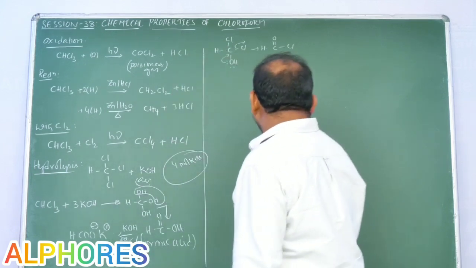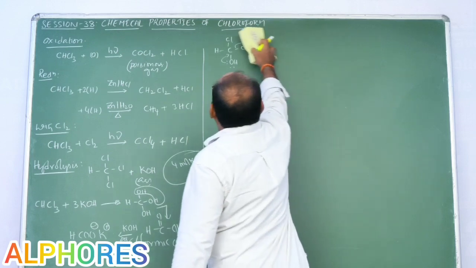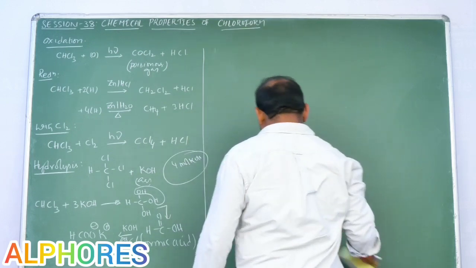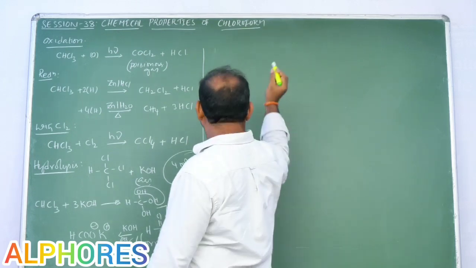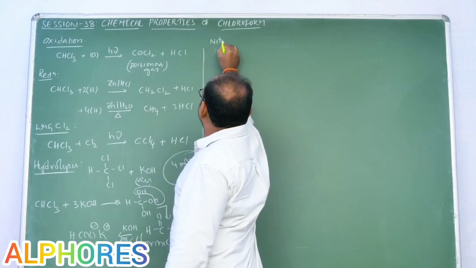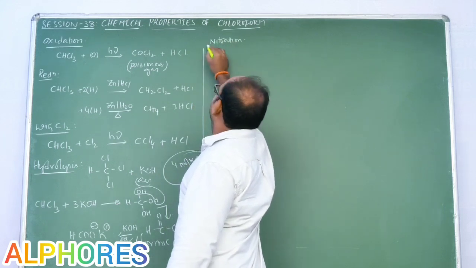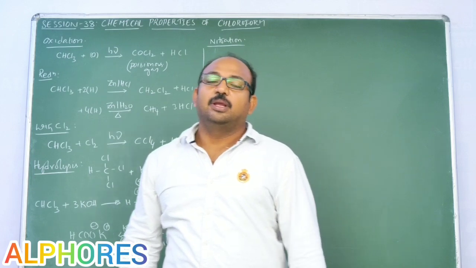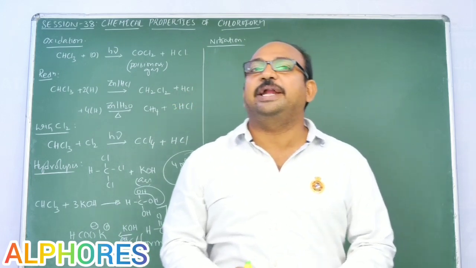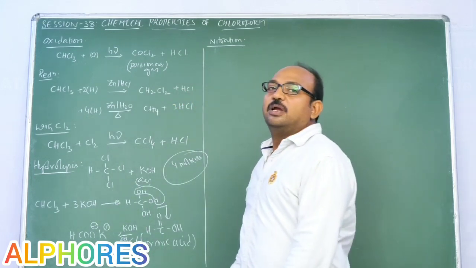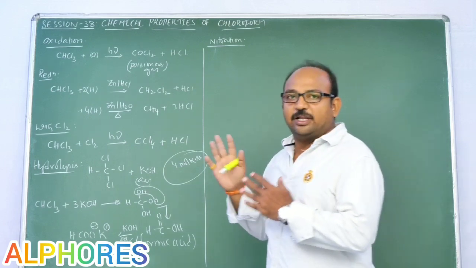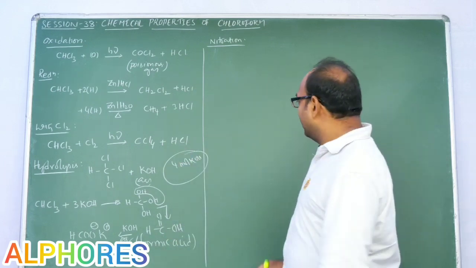Now, nitration. Chloroform undergoes nitration. It gives trichloro-nitromethane as product.